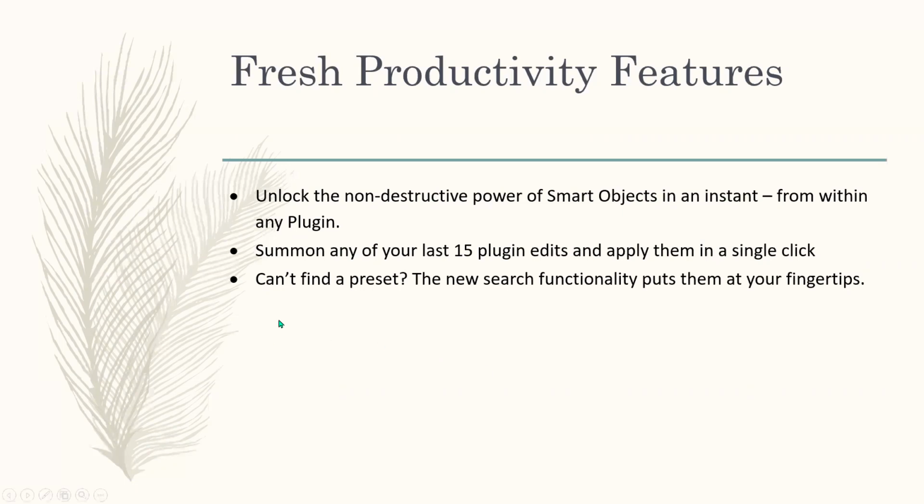You can now call up any of your last 15 plugin edits and apply them in a single click, which I haven't really tried yet. And then there's also a new search functionality for those presets that you create yourself.